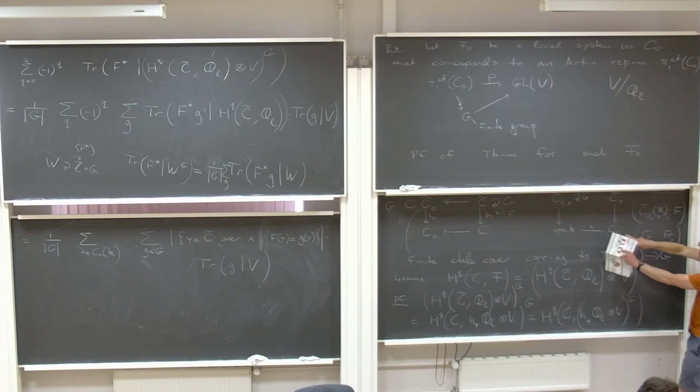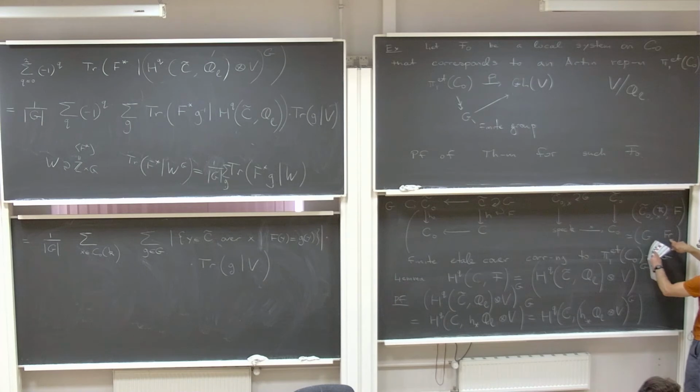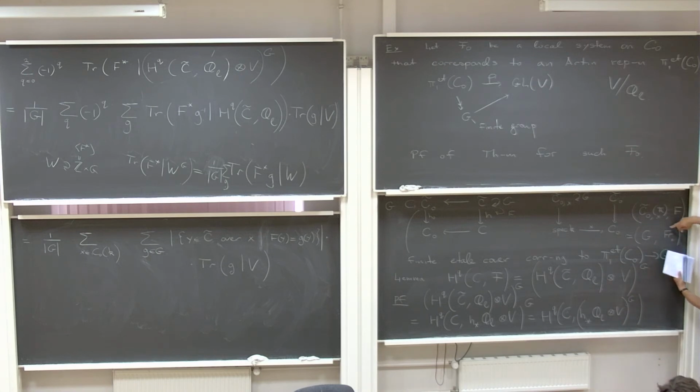I look at this G torsor on spec K. A G torsor on spec K is the same as a homomorphism from Z hat to G. So I have an element, this Frobenius, which I can think of as an element of G. This makes G into a set with a simple transitive action of G on the left and action of the Frobenius on the right.